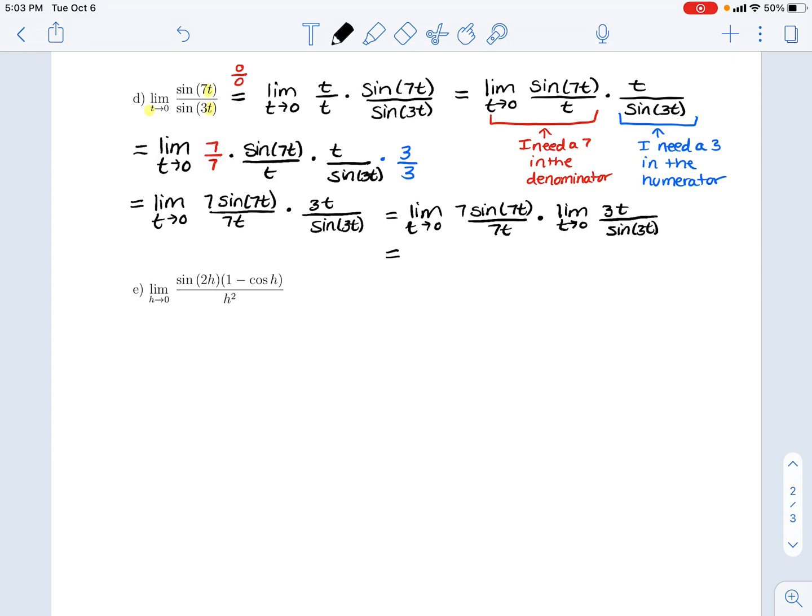I want to say that this is just 1 times 1, except here I have this 7. So what can I do? I can again use the properties of limits to bring this into the front. So I have this as 7 times the limit as t approaches 0 of sine of 7t over 7t times the limit as t approaches 0 of 3t over sine of 3t. And so now I get that this is just equal to 7 times 1 times 1, which is 7.